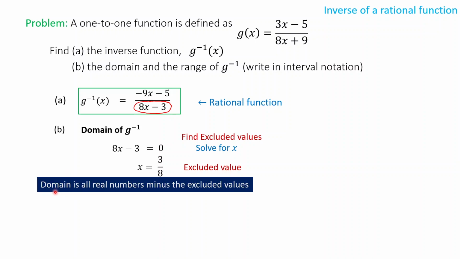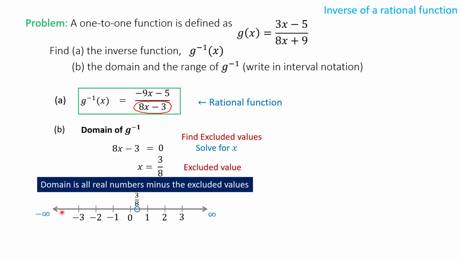Now, the domain is all real numbers minus the excluded values. Take the number line and put this number 3/8. So this number will be somewhere here. You need to exclude this number. So you split the number line into two parts.